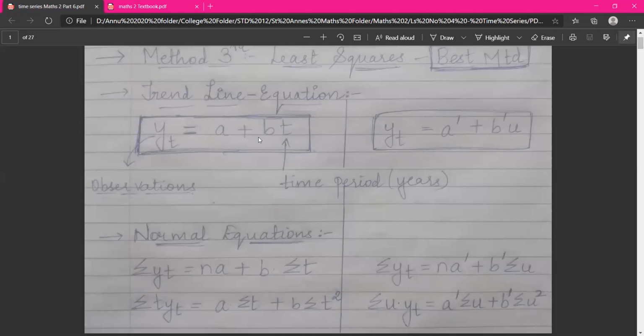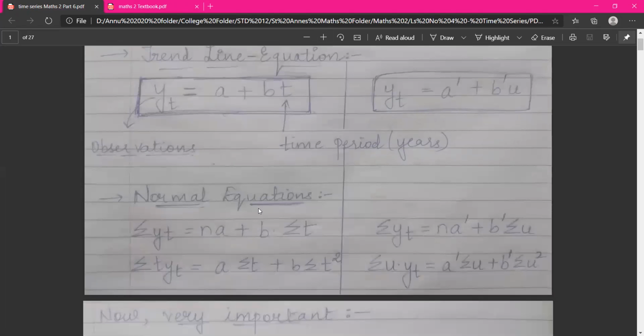The main thing over here is the constants a and b, which are called the constants of least squares. Method के जो constants हैं a और b, you have to find them, and that will help you identify the trends. So the main trend line equation class, क्या है बोलो? Y of t is equal to a plus b into t.